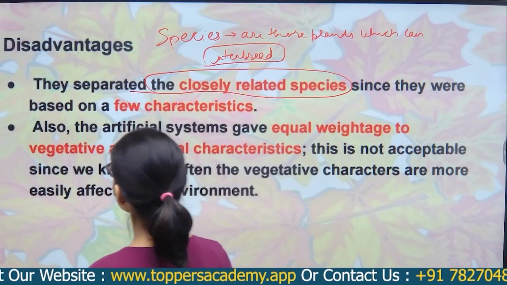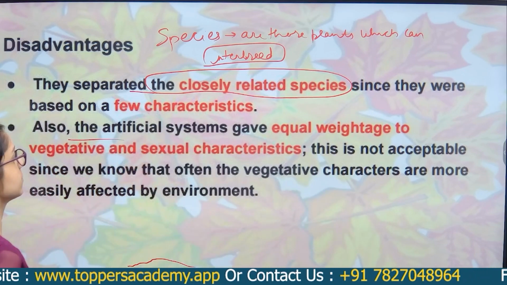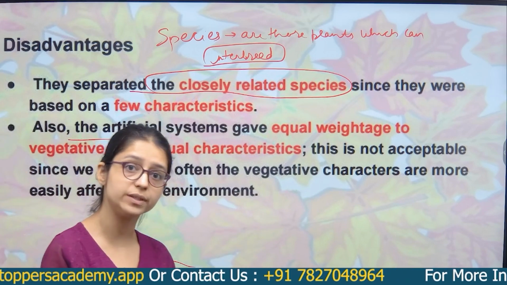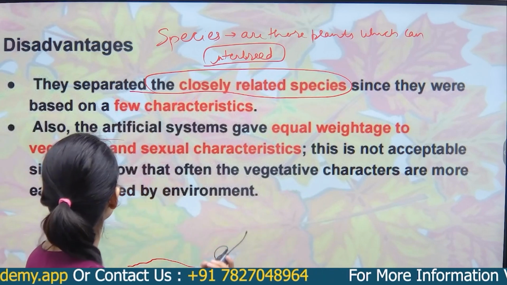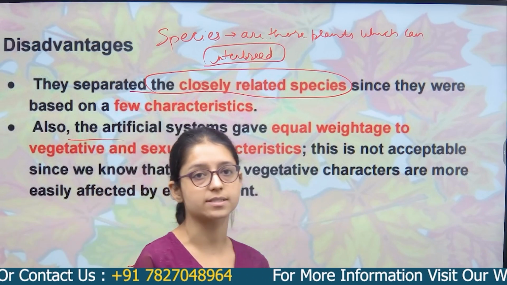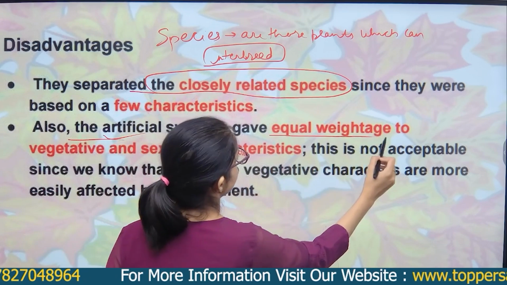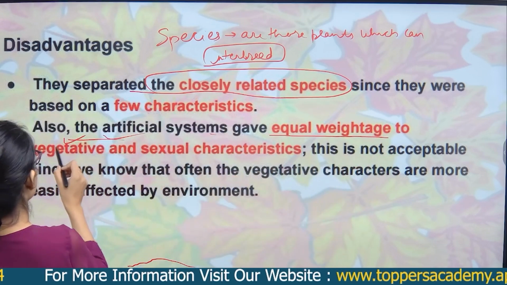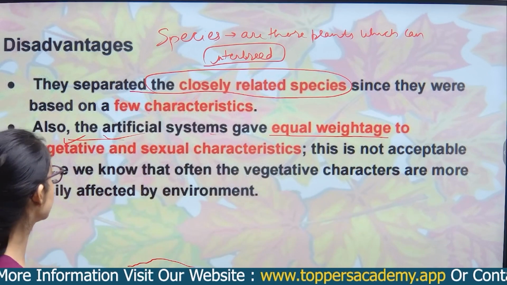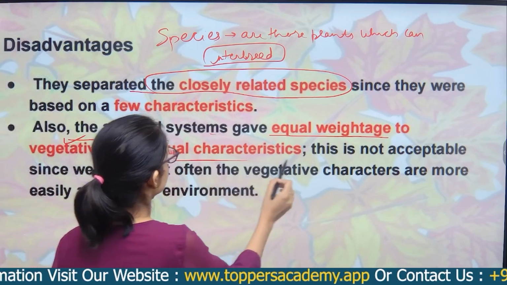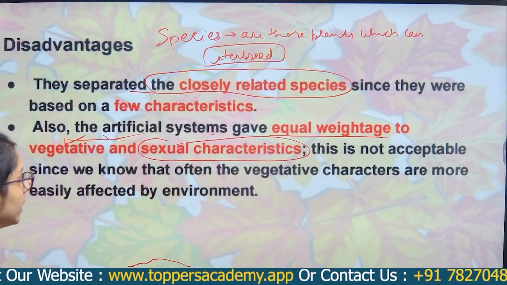Also, the artificial system of classification gave equal weightage to the vegetative and the sexual characteristics. They gave equal weightage to the vegetative, or morphological, characters and the sexual characters. It should not be done. Why?